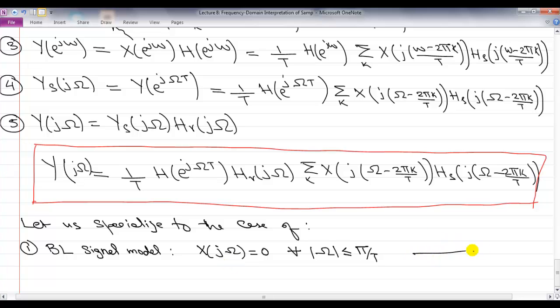If I have a band limited signal, let's say minus pi by t to pi by t, and I pass it through a filter, so this is my x of j omega, I pass it through a filter xs of j omega, which goes to, let's say, minus 2 pi by t to 2 pi by t.